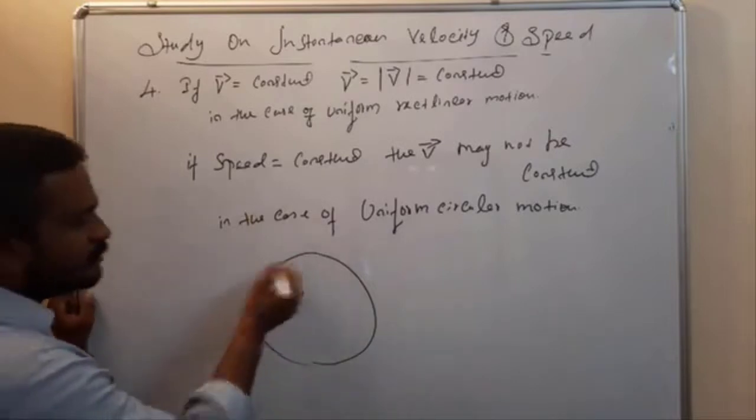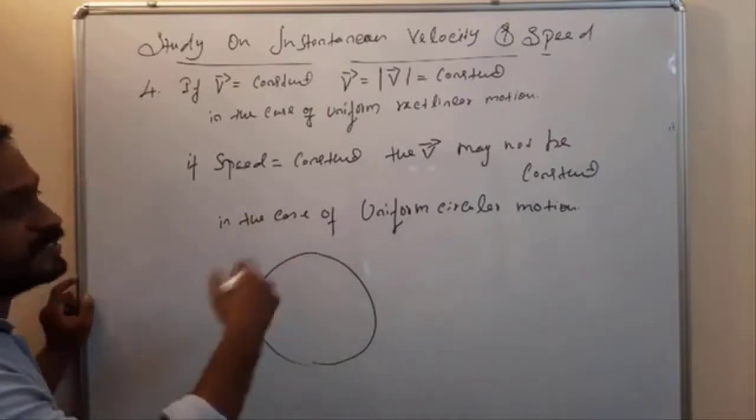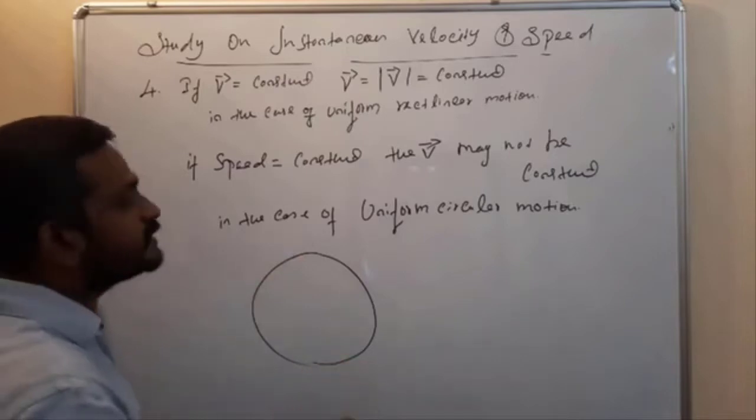At each and every point the speed is constant, but the velocity is different due to the change in direction.